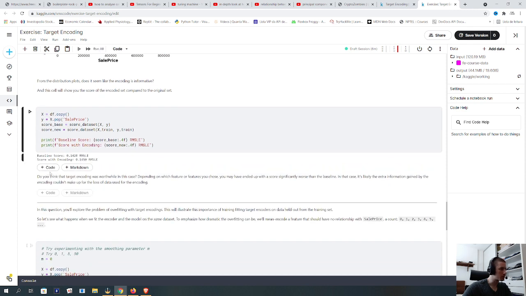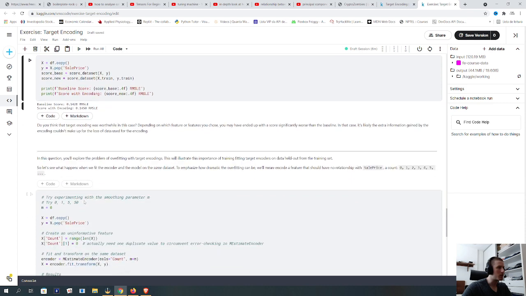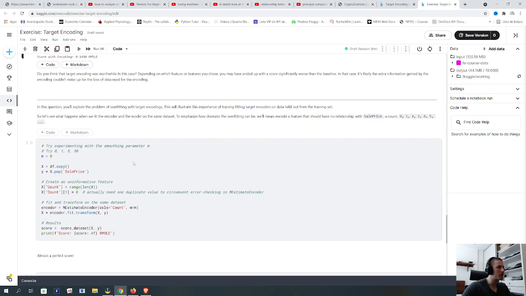So the score with the encoder is actually worse than the baseline. Do you think that target encoding was worthwhile in this case, depending on which feature or features you chose? You may have ended up with a score significantly worse than the baseline. In that case, it's likely that the extra information gained by the encoding couldn't make up for the loss of data used for the encoding.